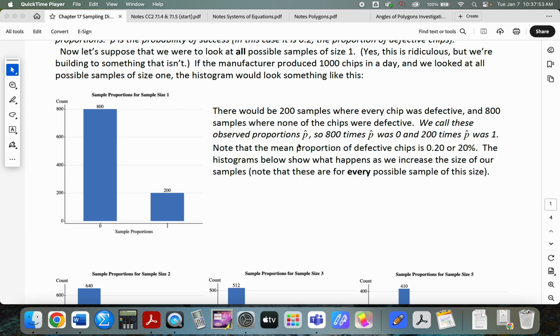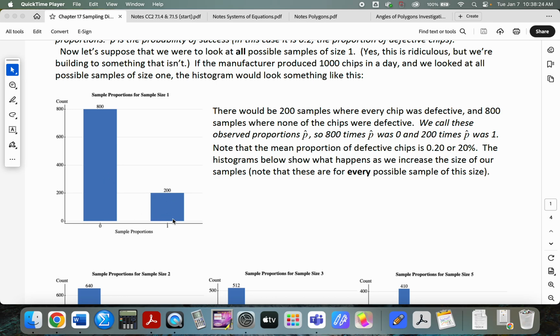So the observed proportion of chips that were defective for this was 1, and for this was 0. Wait, what do the 0 and 1 mean? How many were defective? In these 800 samples, there were no defective chips.